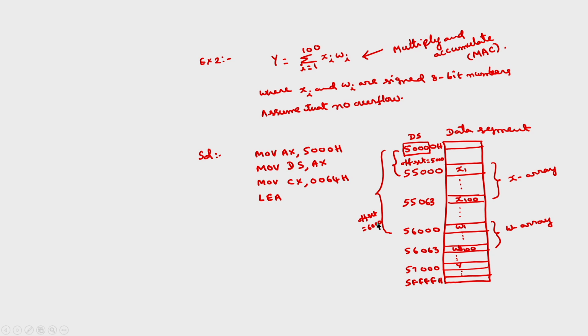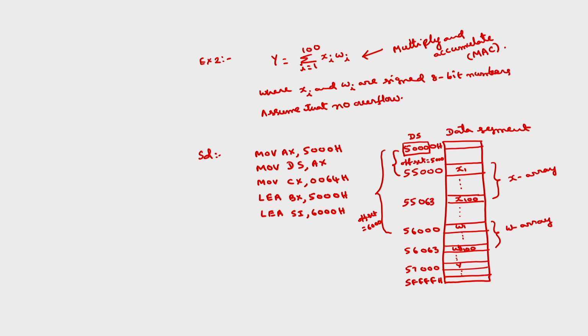So, I am taking this 5000 offset where the X array is present onto some register, that can be either BX, BP, SI or DI. Similarly, we can take this 6000 into some other register. So, I am taking this BX with 5000. So, LEA. So, we are loading this SI with the offset of W array, which is 6000H.